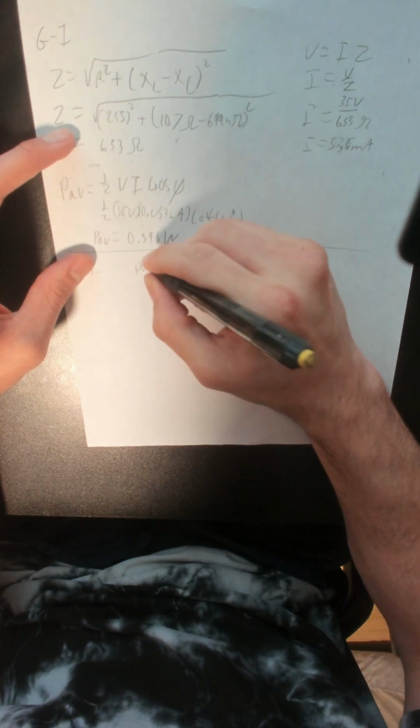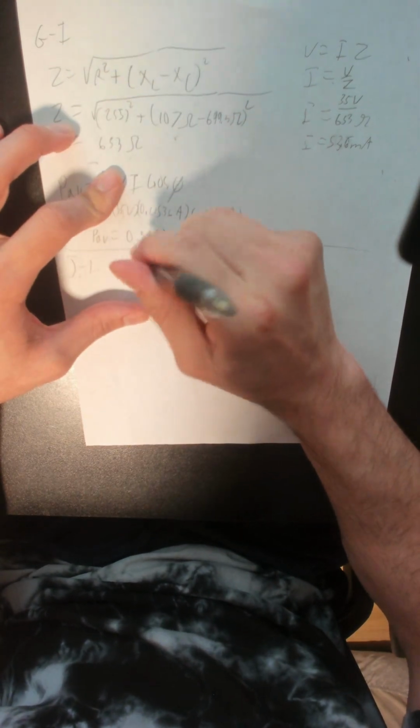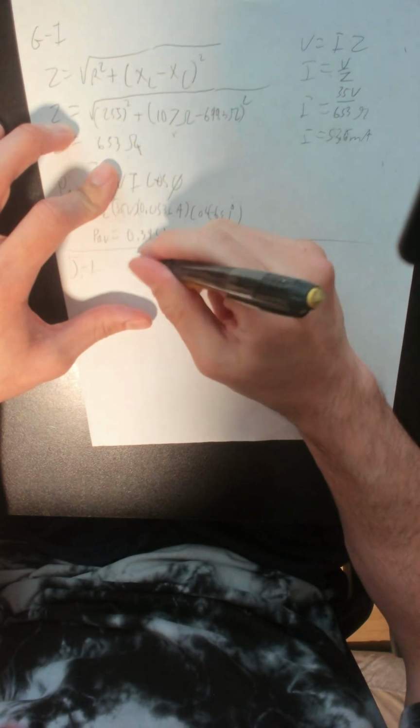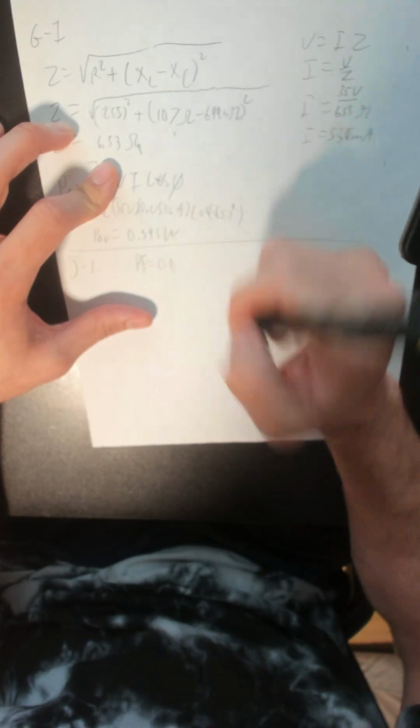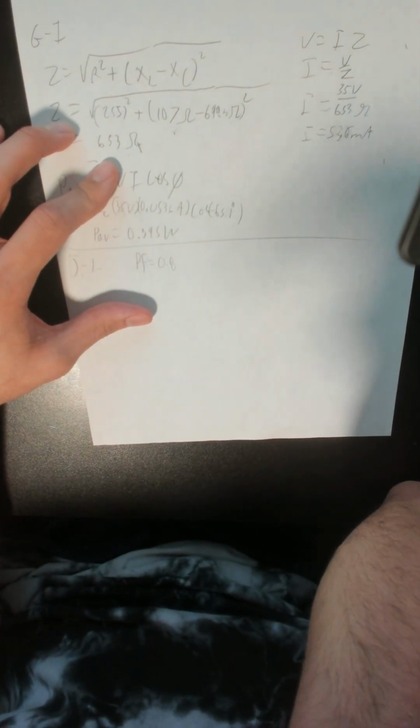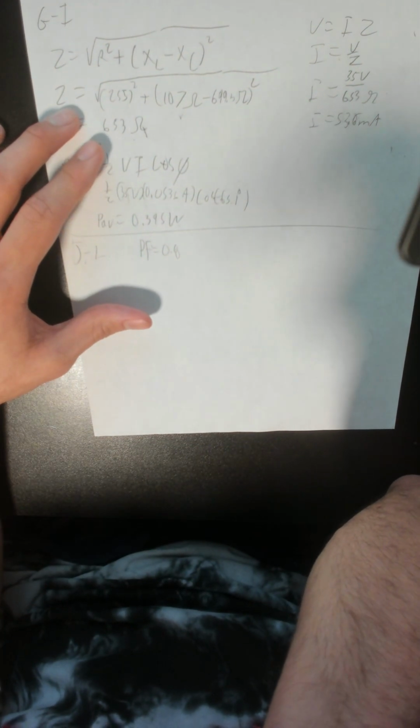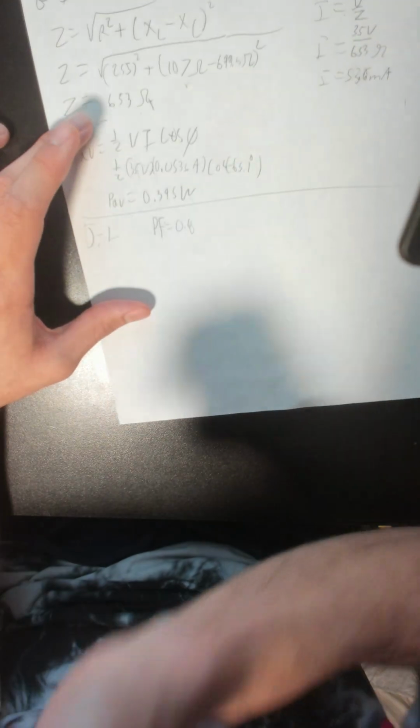The power factor of an LRC series circuit is 0.8. Let me write that down: PF equals 0.8.